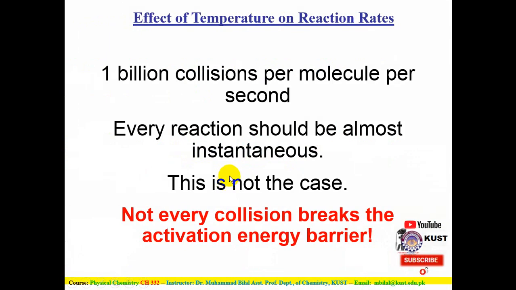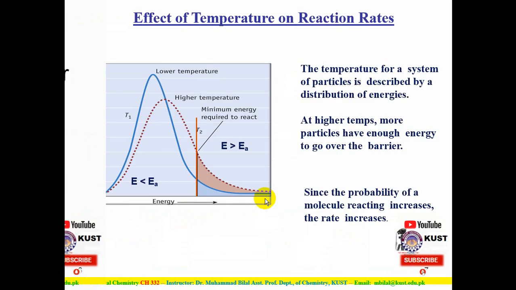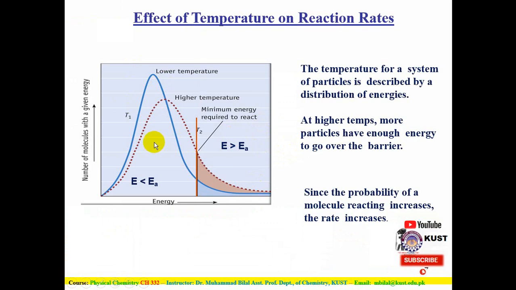As we know, a billion collisions take place between molecules per second. Now each collision is not fruitful. Only some fraction of collisions are able to convert the reactant into the product. Here we discuss what the distribution of energy of molecules will be at different temperatures.